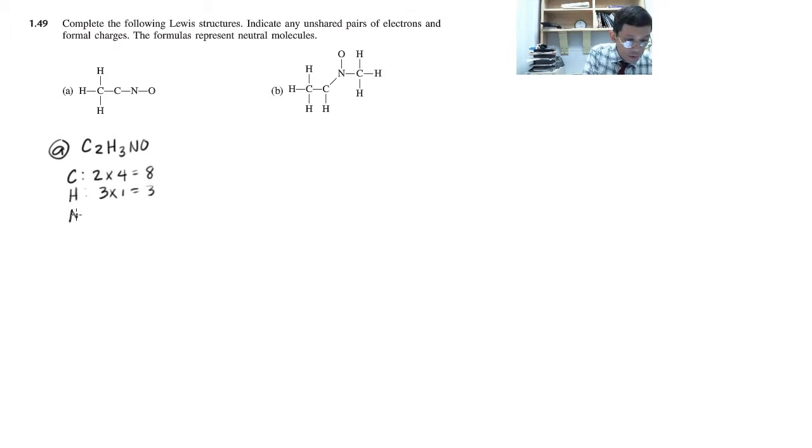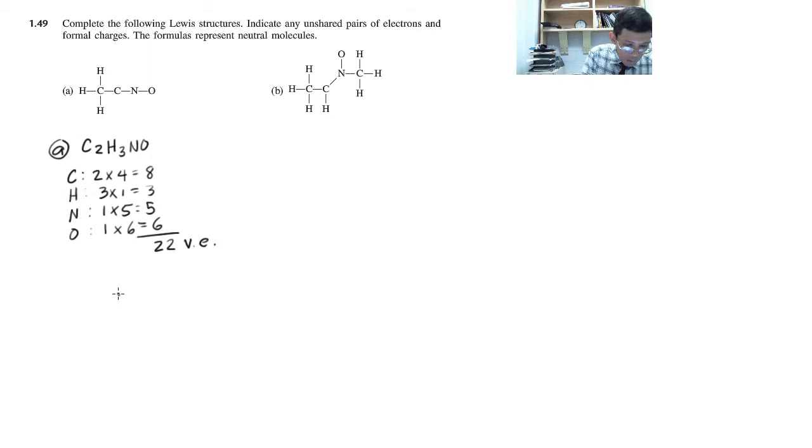Next is nitrogen. There's only 1 and each one is 5. And then oxygen finally. There's only 1 oxygen, each one is 6. So 6, 11, 16, 22. Our structure is going to have 22 valence electrons.